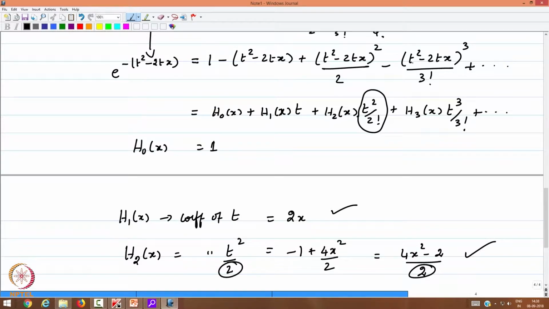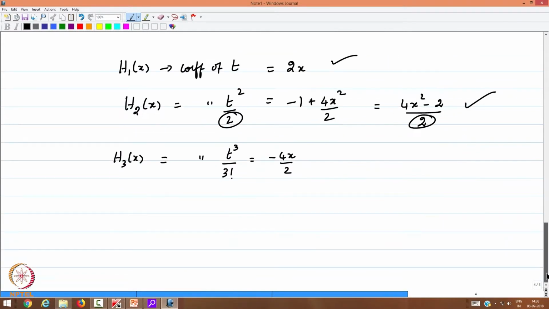So, there is a minus b cube, which will give you, and also there is a minus sign here. So, this will give you 8x cube by 3 factorial plus 8x cube by 6, which will be essentially minus 8x cube minus 12x by 6, and therefore you can see that the coefficient is 8x cube minus 12x, and that is h3 of x.